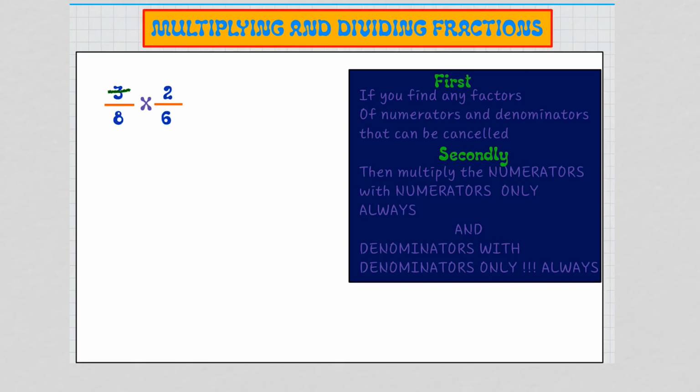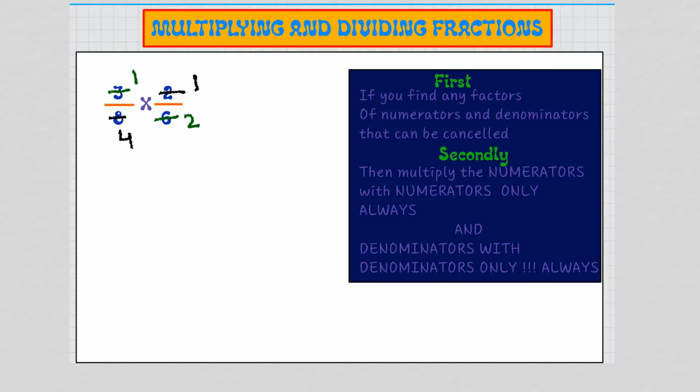3 times 1 is 3 and 3 times 2 is 6. We can also cancel out 2 and 8 by dividing: 2 times 1 is 2 and 2 times 4 is 8. That's our first step.